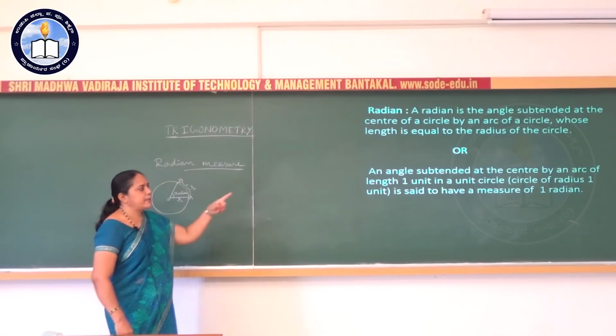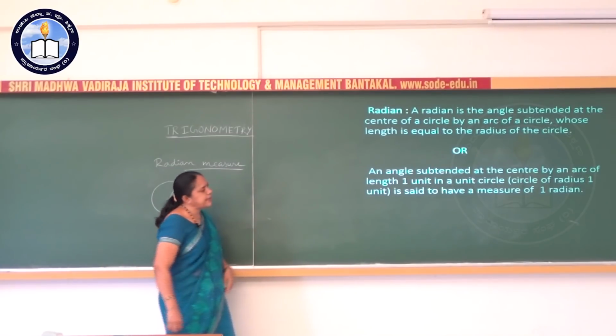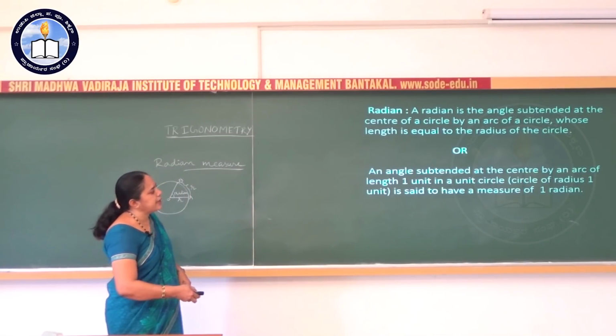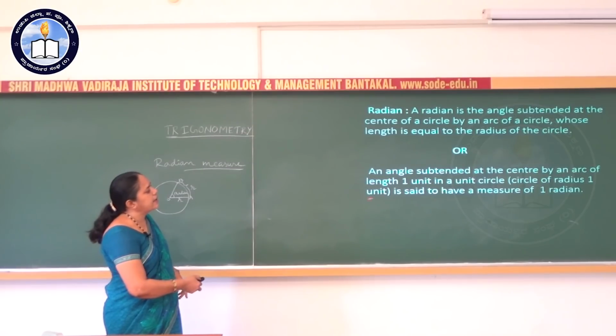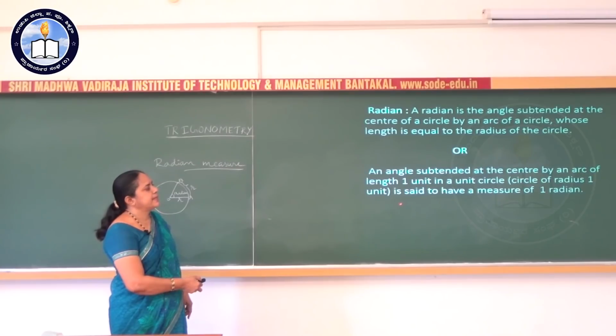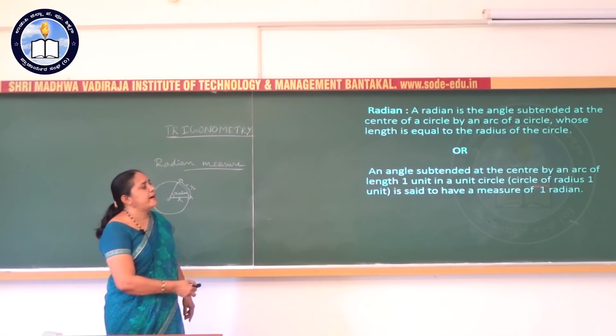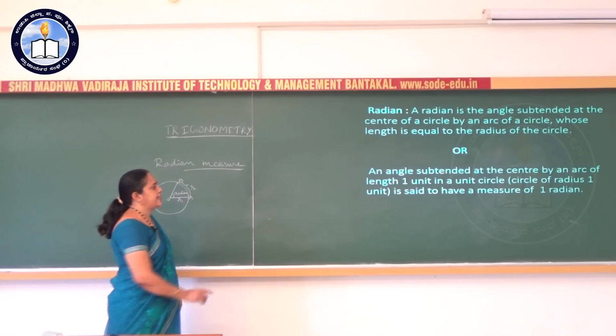Or one more definition of a radian: an angle subtended at the center by an arc of length 1 unit in a unit circle, a circle of radius 1 unit, is said to have a measure of 1 radian.